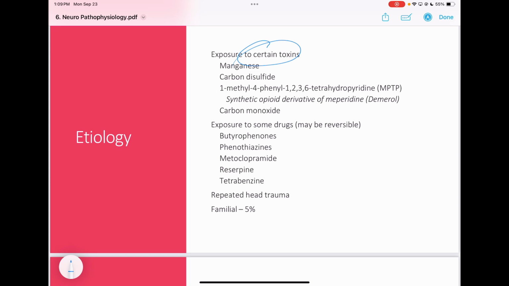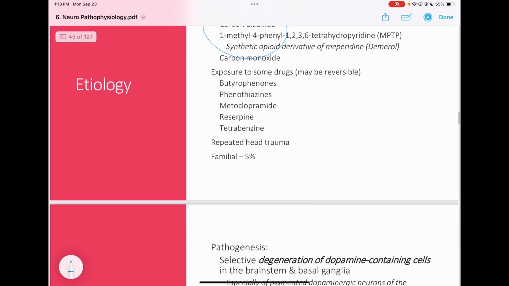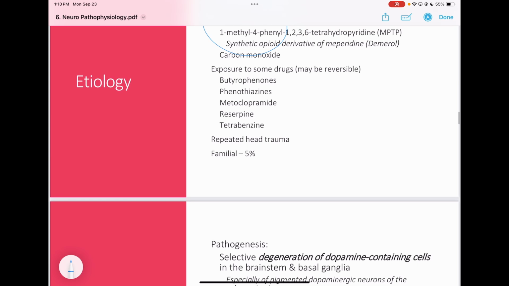They don't know if some toxin was on that set that they got exposed to, but when a bunch of people develop Parkinson's from one area, it's pretty weird. Obviously there are things that can cause Parkinson's to develop, which is why you ask about what? Work history, occupation. What do you do? What are you exposed to? Drugs can also do it as well. They may be reversible. Repeated head trauma.